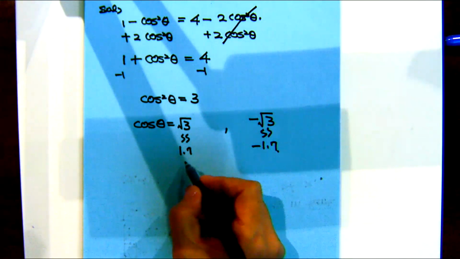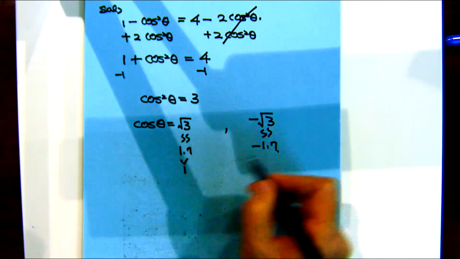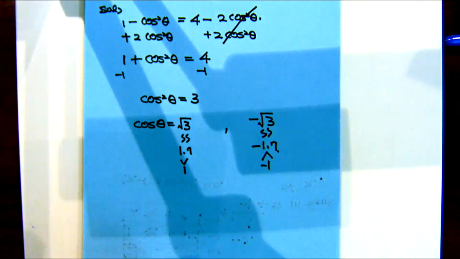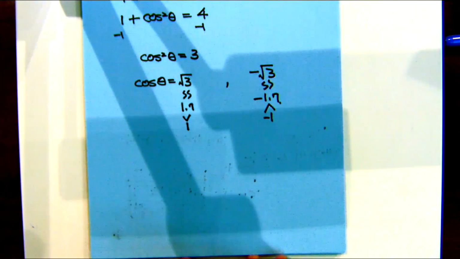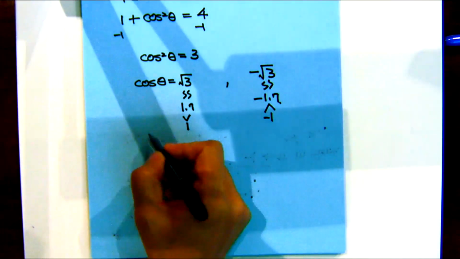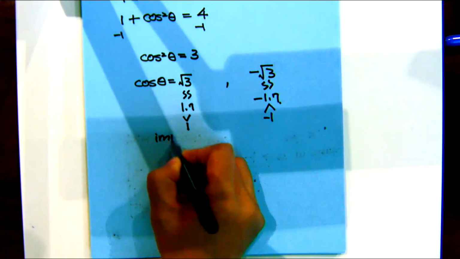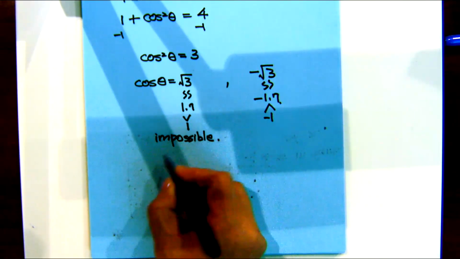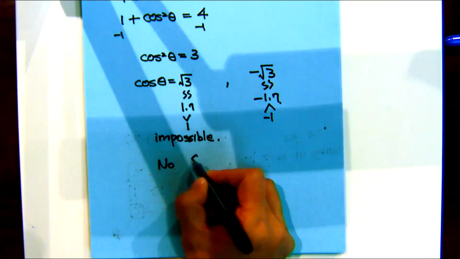And we know that this one is greater than 1, and this is less than negative 1, right? And the cosine value cannot be larger than 1 or smaller than negative 1. Therefore, this is impossible. And that means there is no solution.